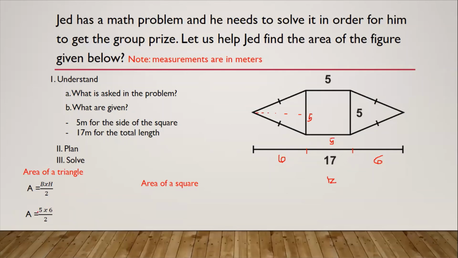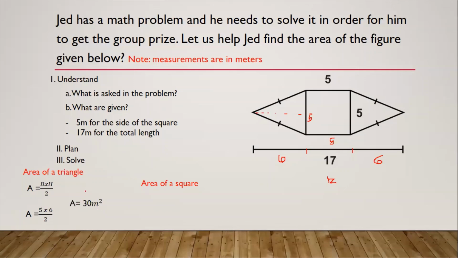So that's why we have 5 for the base and 6 for the height. So 5 times 6 is 30. 30 divided by 2 is 15.